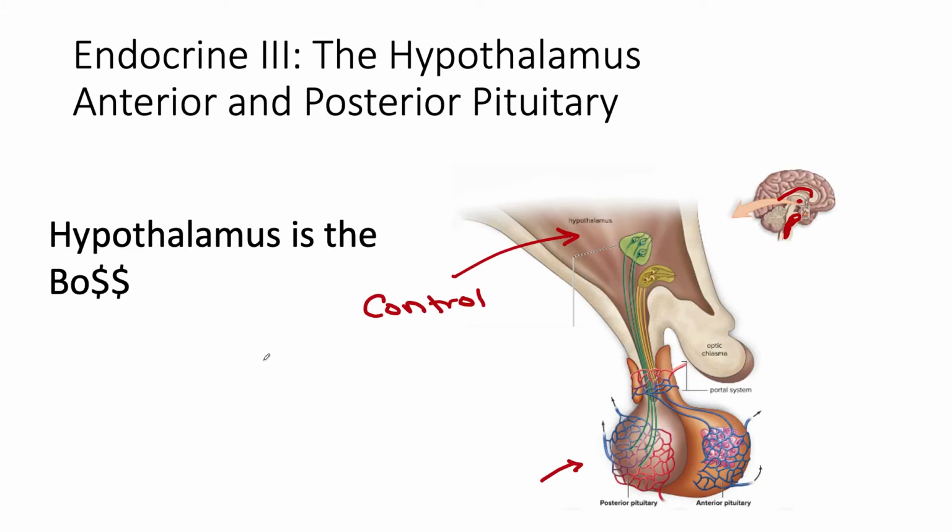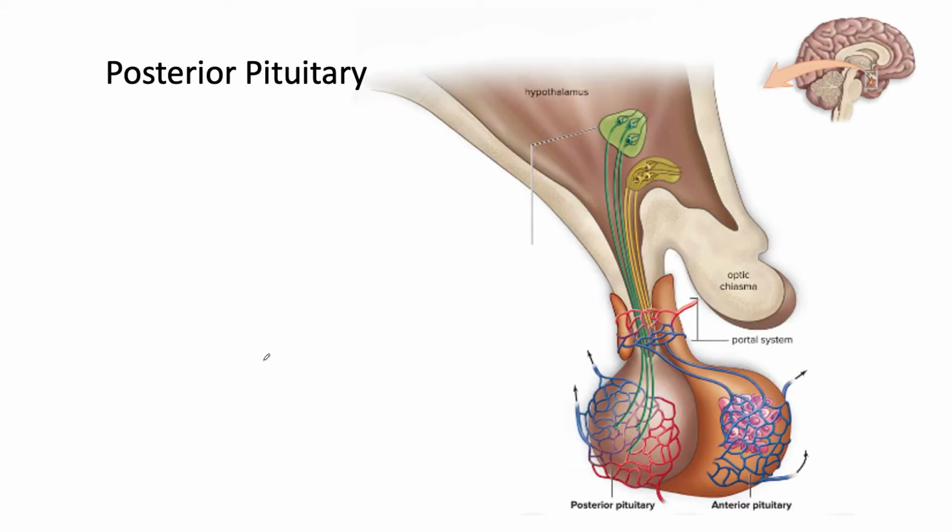So let's talk about the posterior pituitary first. The posterior pituitary doesn't actually produce any hormones by itself. The hormones are produced in the hypothalamus, and we have these neurons where the cell body is at the top, and then there's a long axon, and then the axon terminal is down here in the posterior pituitary.